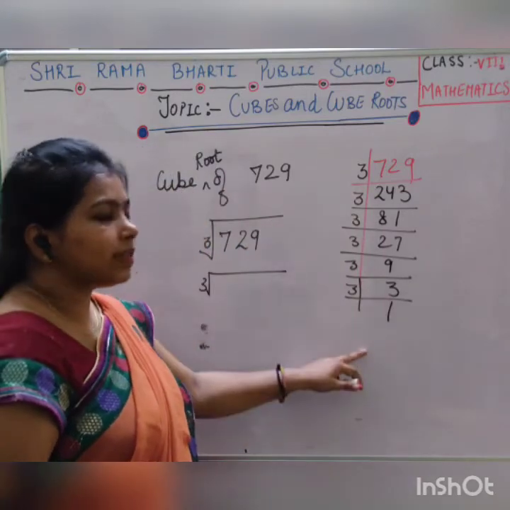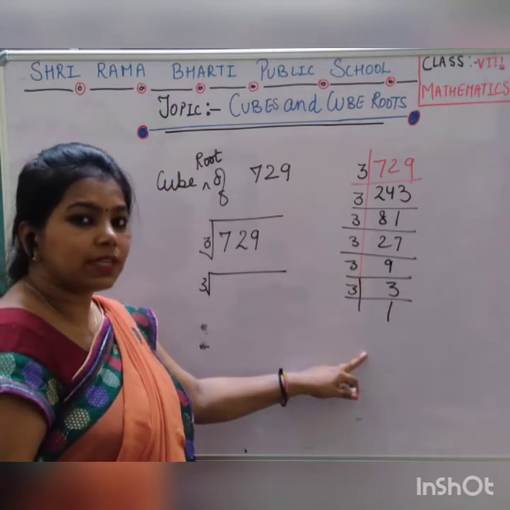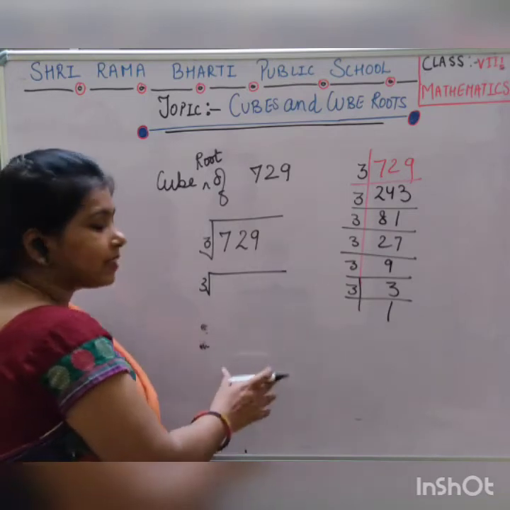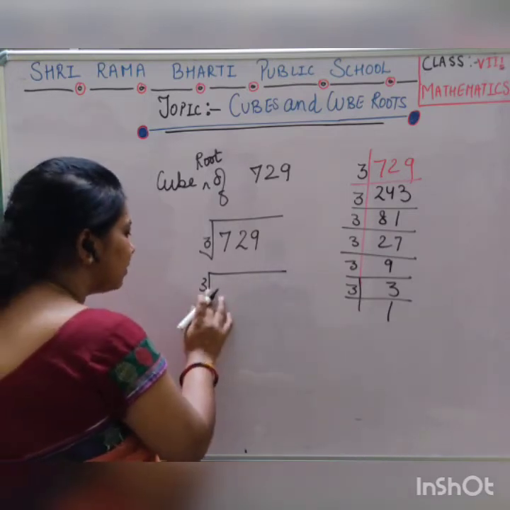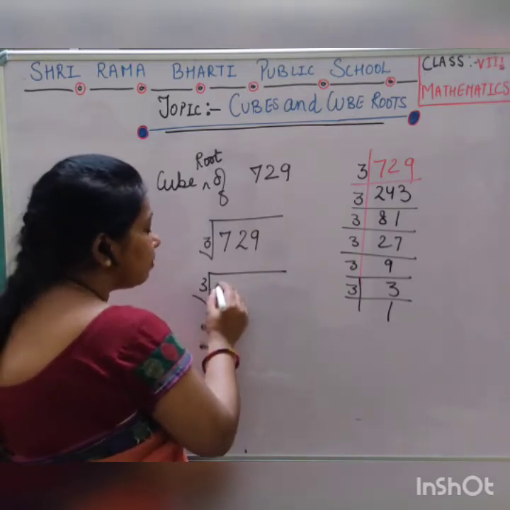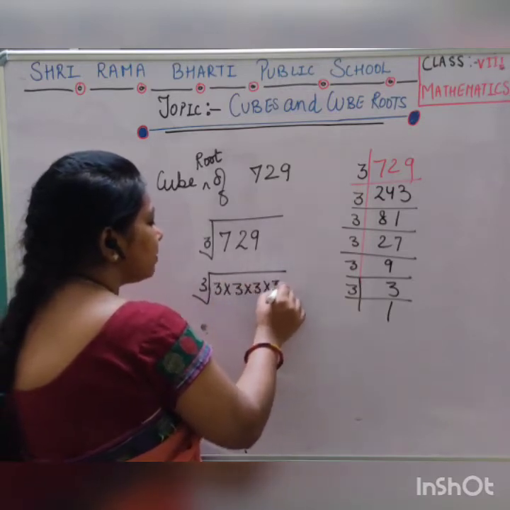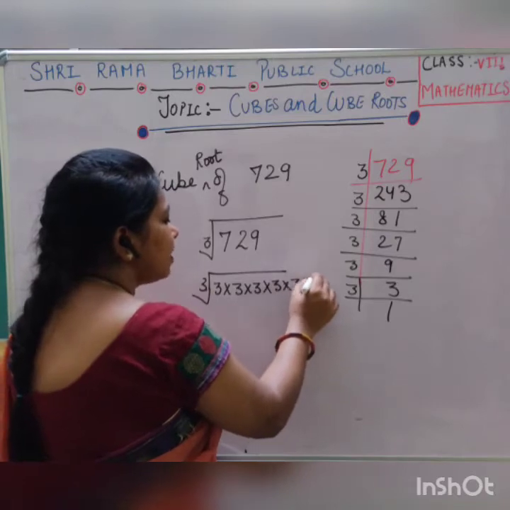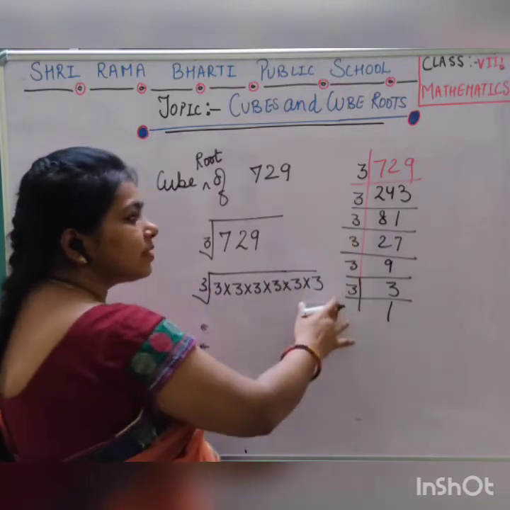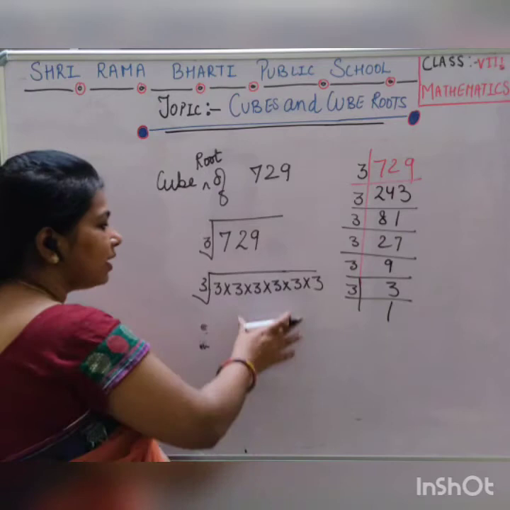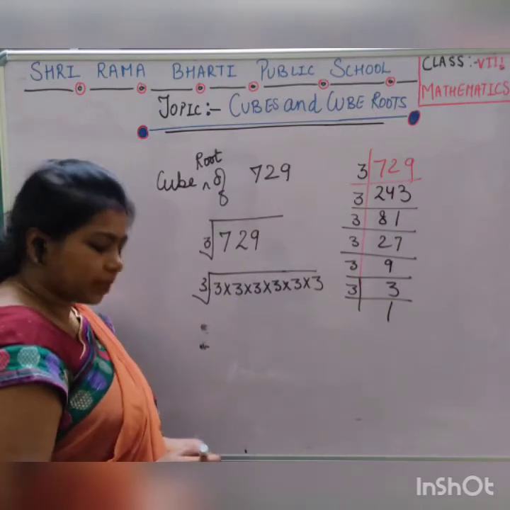So here we can see the prime factorization of 729. We will write all the factors under the root symbol. So it would be 3 multiply 3 multiply 3 multiply 3 multiply 3 multiply 3. So in total we have six 3's written over here.